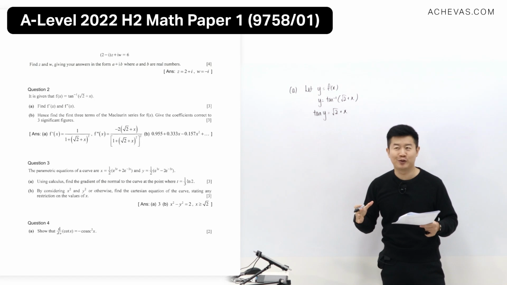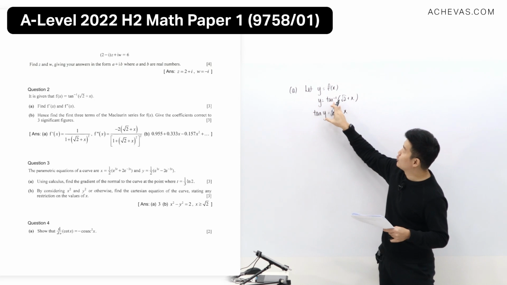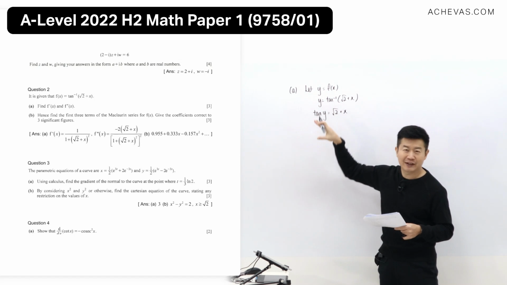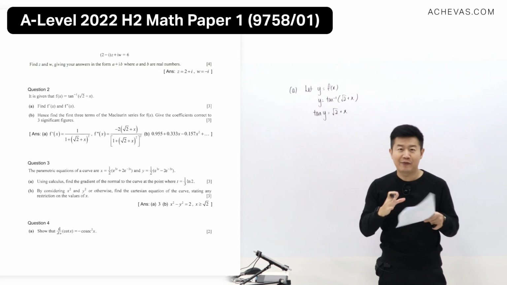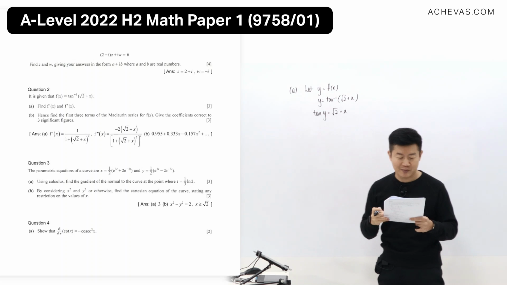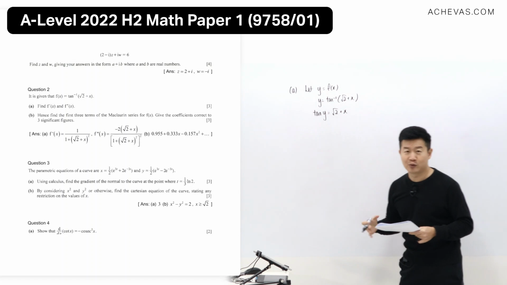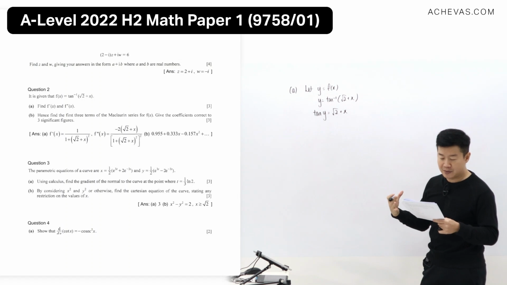I just don't like to have f(x) equal to this, then if I have to bring tangent inverse over to the left-hand side, I will get tangent f(x) equal to, it's just not something that I'm that used to. So I'm going to use my notation to overcome that unfamiliarity.